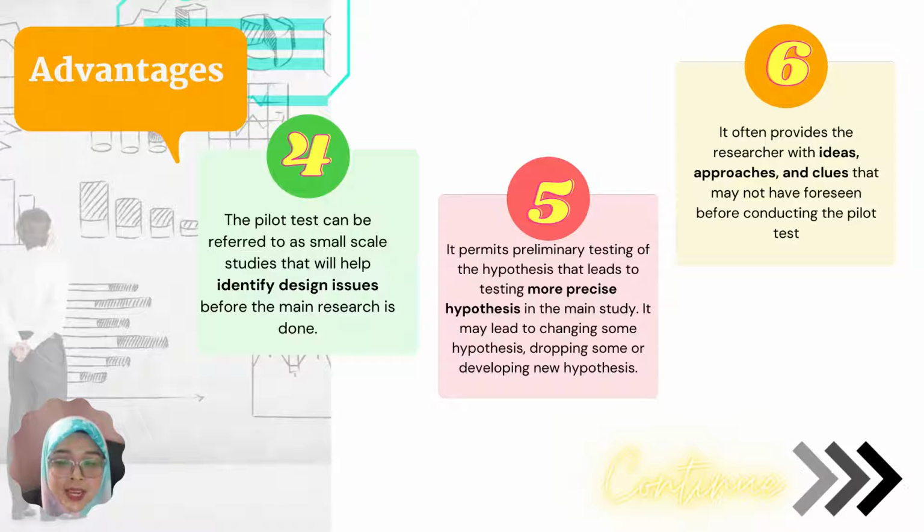It may lead to changing some hypotheses, dropping some, or developing a new hypothesis. Next, it often provides the researchers with ideas, approaches, and clues you may not have foreseen before conducting the pilot test.